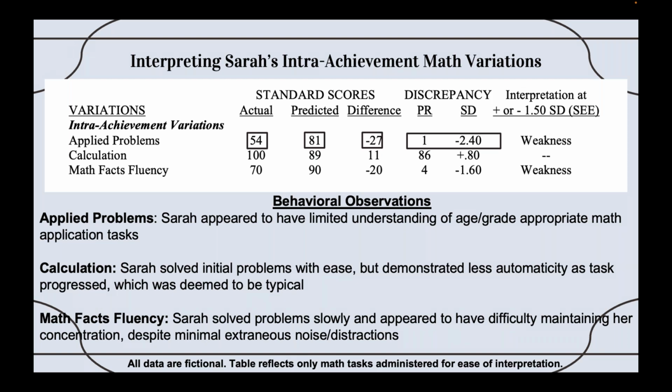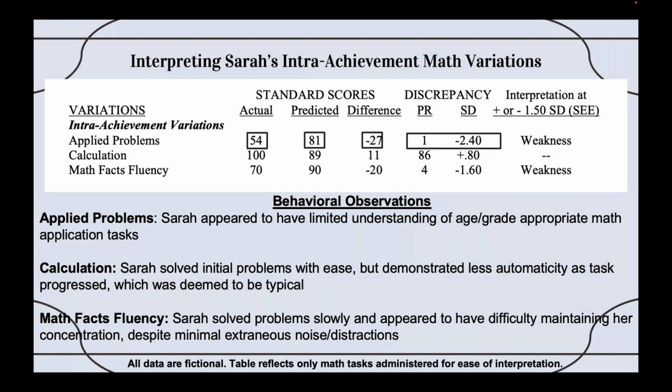The discrepancy percentile rank, you can think of that as a base rate. If you remember back in your training, base rates provide an estimate, really just telling you how common or rare a score difference is within a given population. So in this case, we can see that that difference of negative 27 that Sarah has for applied problems is pretty rare because it only occurs in about 1% of the normative sample.